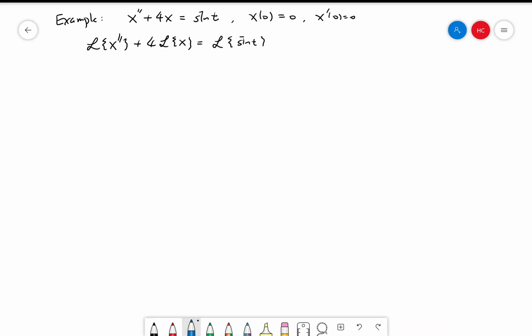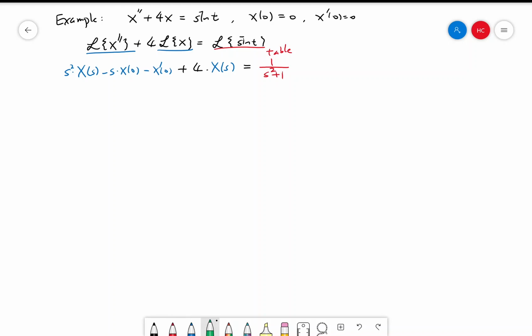And then let's recall, this is equal to s squared times capital X minus s times x of 0 minus x prime of 0, and plus 4 times, by definition, capital X. The right hand side is the Laplace transform of sine t, which if you look at the table from the previous section, is equal to 1 over s squared plus 1.